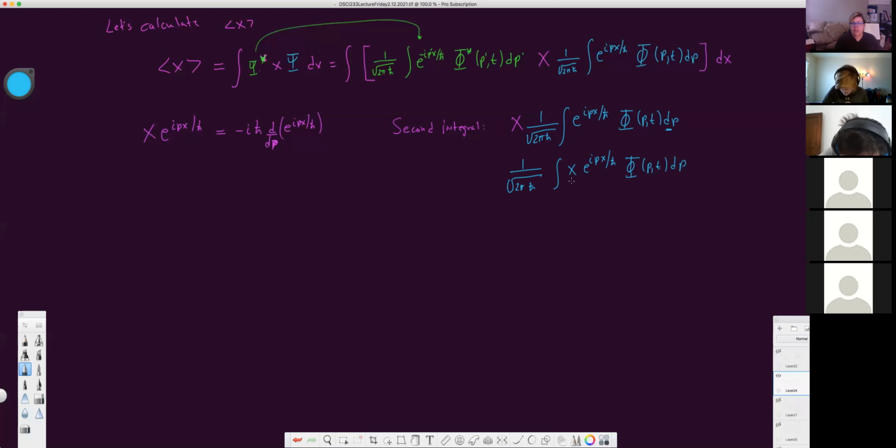Okay, now I know I just said that this is this stuff. So I'm going to put that in. So this is equal to 1 over the square root of 2 pi h bar. And then we're going to put minus i h bar d dp of e to the i px over h bar. And then we have our big phi of p and t dp.